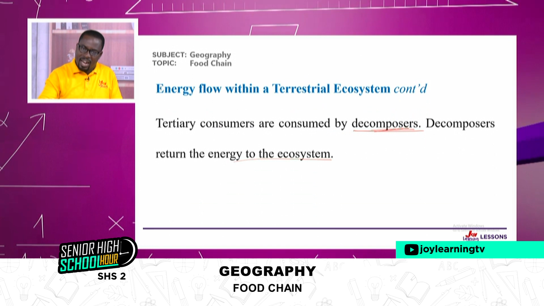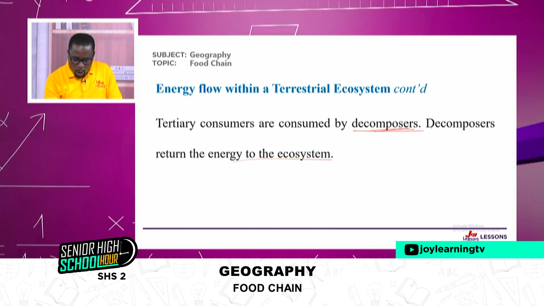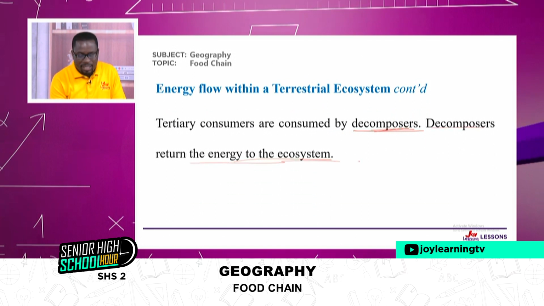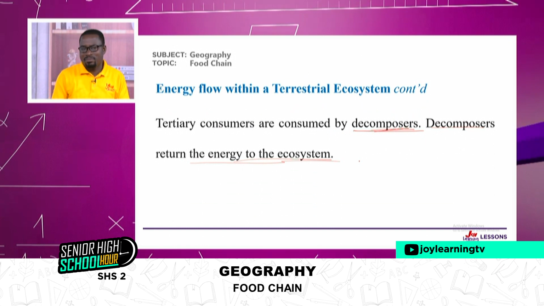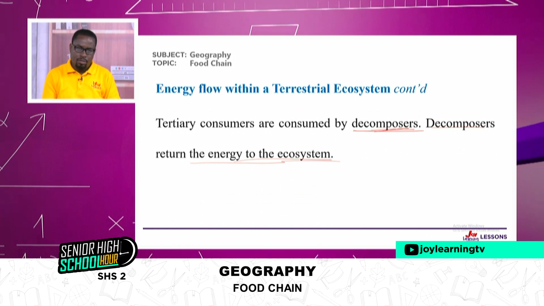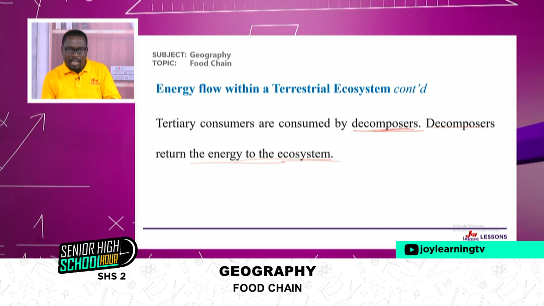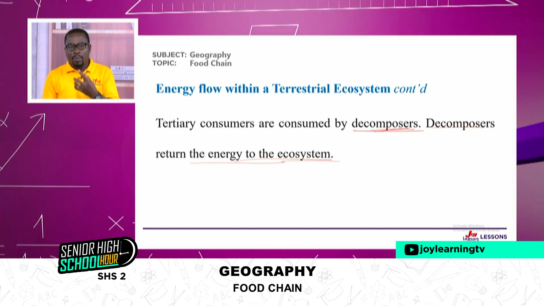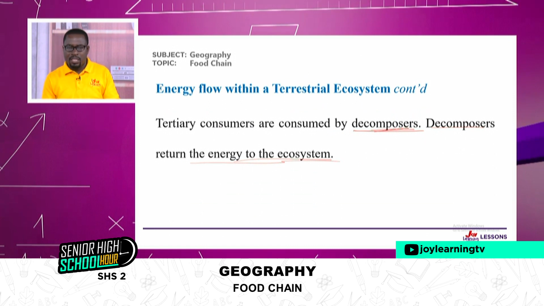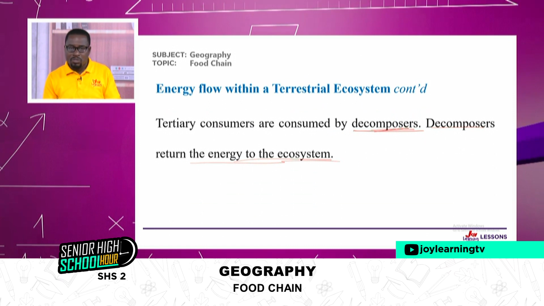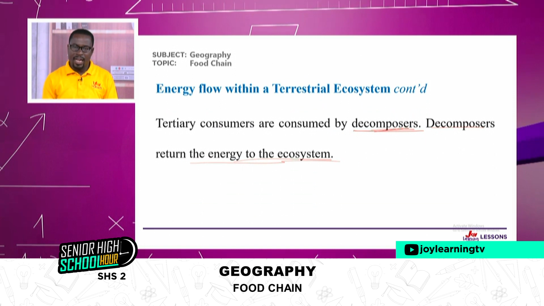Then someone will go and harvest it. So we are saying that decomposers return the energy to the what? To the ecosystem. It is the last stage, and can also serve as what? At the beginning. But of course, the plants, which are the primary producers, trap the solar energy.